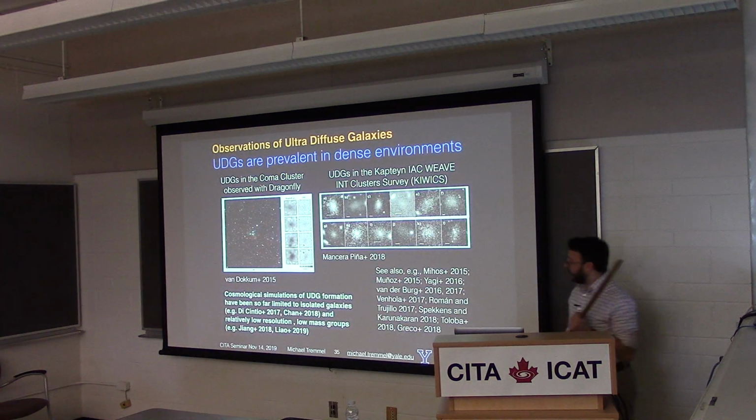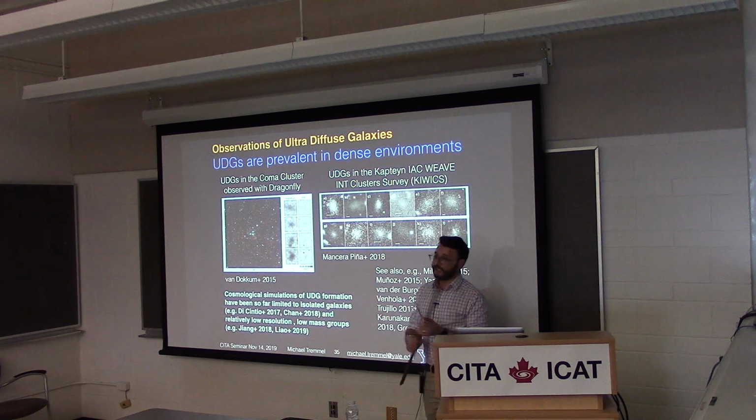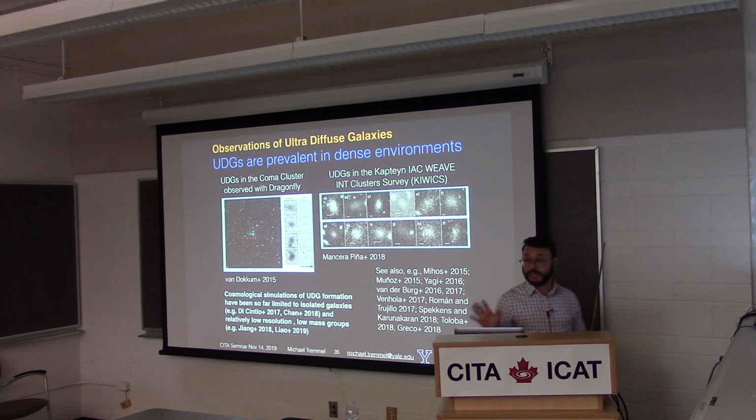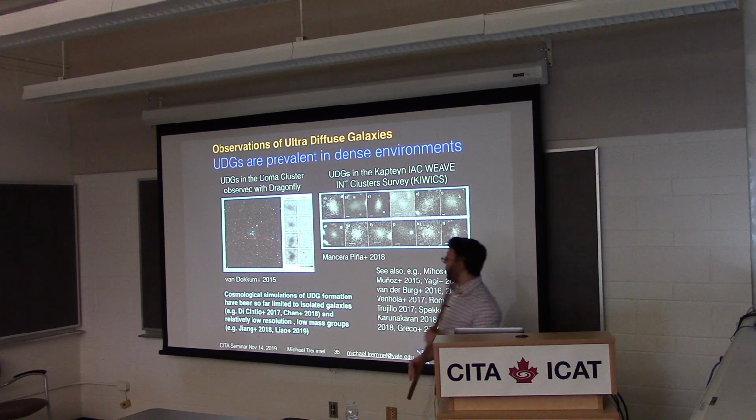All right, so just a little bit more background. These galaxies have been detected in large numbers, specifically in group and cluster environments right now, although current work is being done to look for them in isolation in the field.